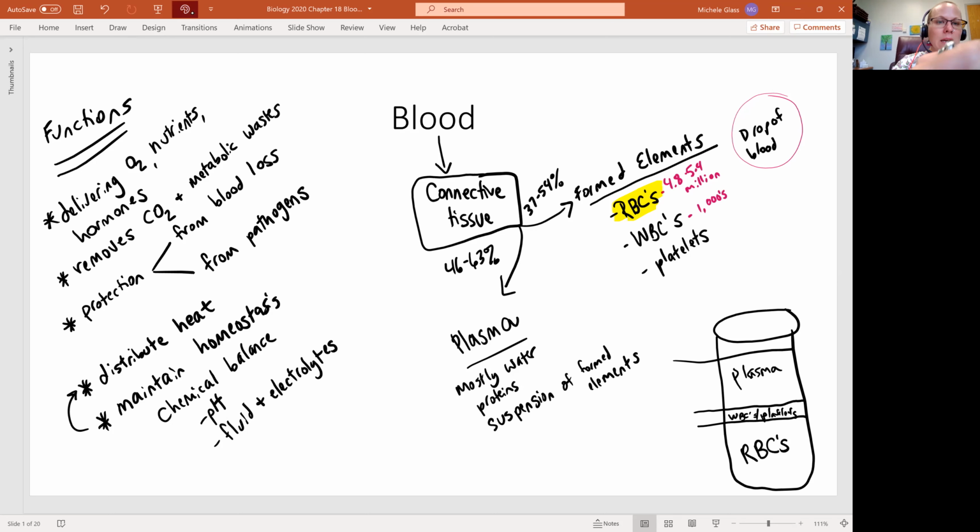And what we can see here, and the purpose of collecting the blood and doing this analysis, is we can come up with what's called the hematocrit. Oops, there's no E on the end. And the hematocrit is going to be a measure of the percentage of red blood cells.